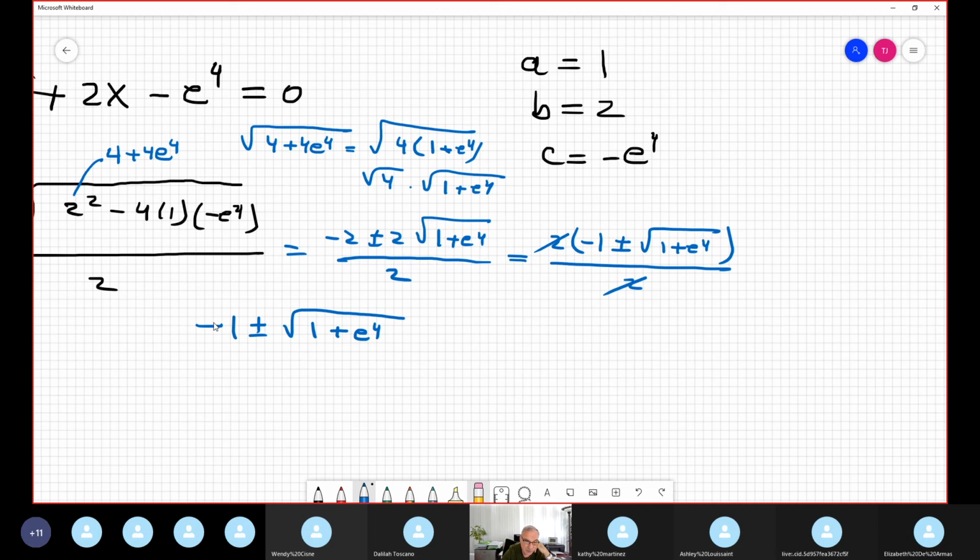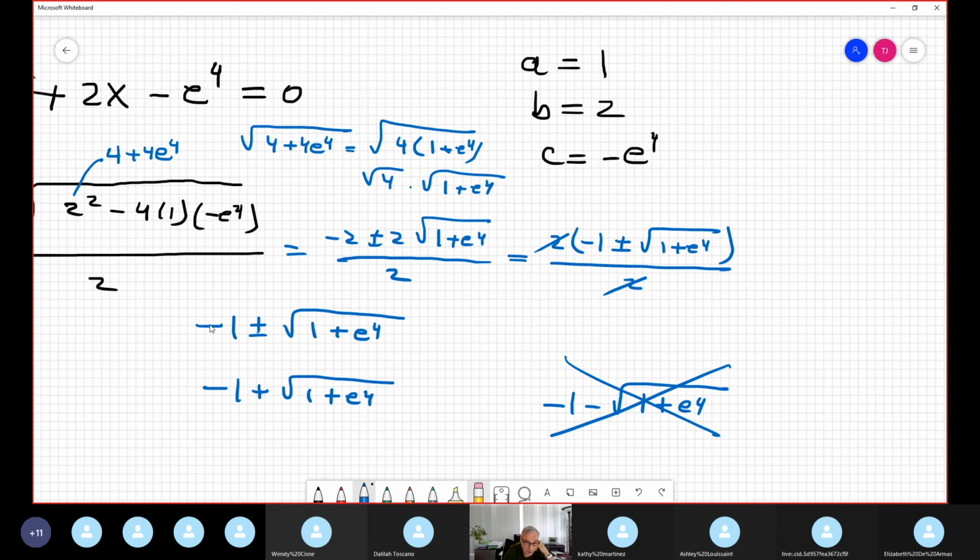So I separate in two pieces, the negative part and the positive part. The positive part is this. And the negative part is this. But it's obvious that the negative part doesn't work, because the argument would be negative. Doesn't work.